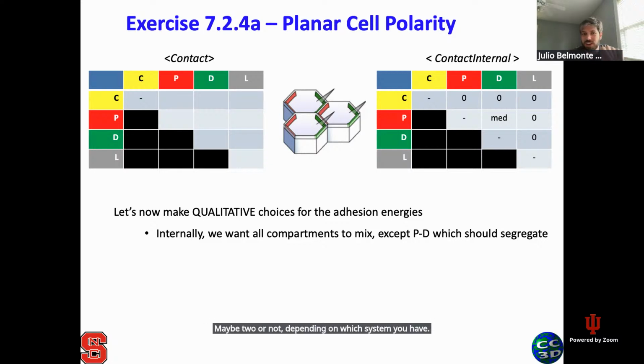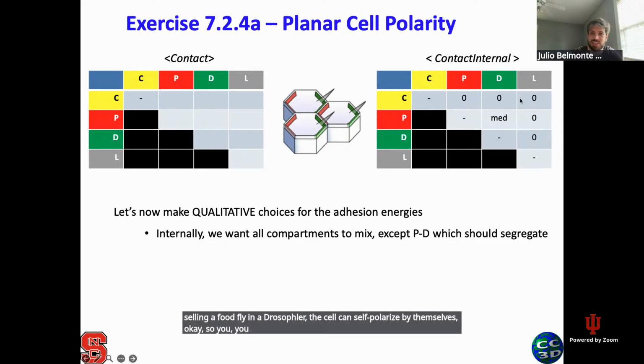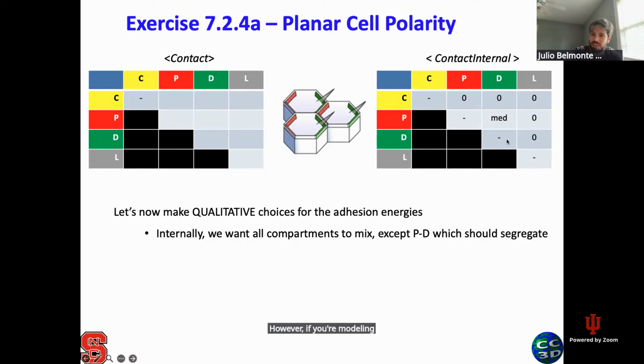If you are a cell in a fruit fly, in Drosophila, the cells can self-polarize by themselves, so that's going to be a good model for Drosophila cells. However, if you're modeling mammalian cells like mice, it turns out that mouse skin cells cannot self-polarize.